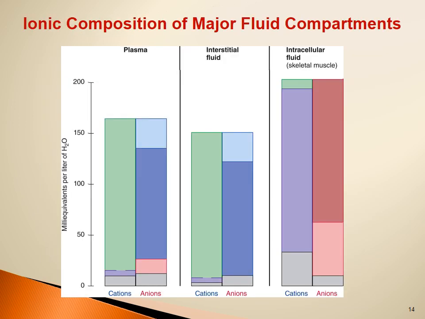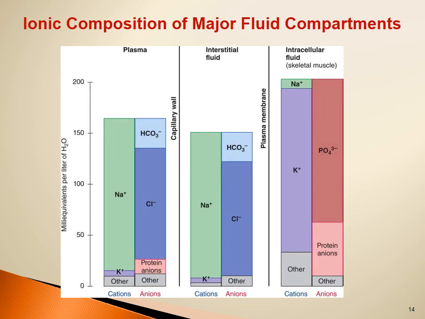Different body fluid compartments have different ionic compositions. If we look at the intracellular fluid and take the skeletal muscles as an example, we can see that the main cation, or positively charged ion, present inside the cell is potassium, while the main anion that is present inside the cell is phosphate, and then protein anions come next. On the other hand, in the extracellular fluid, either plasma or interstitial fluid, we can see that the main cation in both compartments is sodium, while the main anion is chloride.